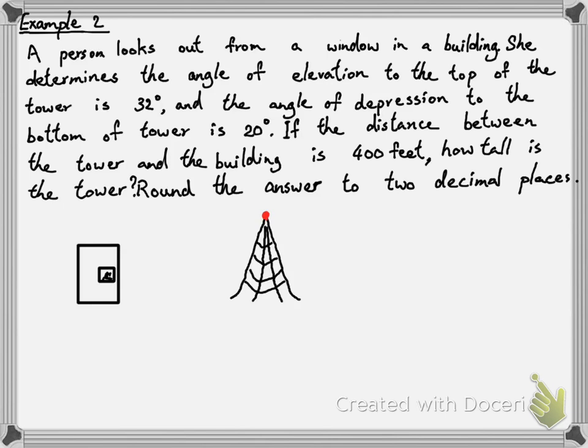Now, as this person looks at the tower, we see that the angle of elevation to the top of the tower is 32 degrees, and the angle of depression is 20 degrees.